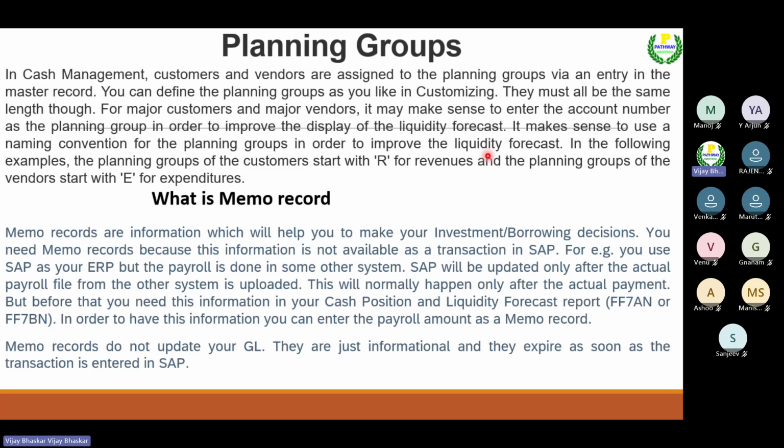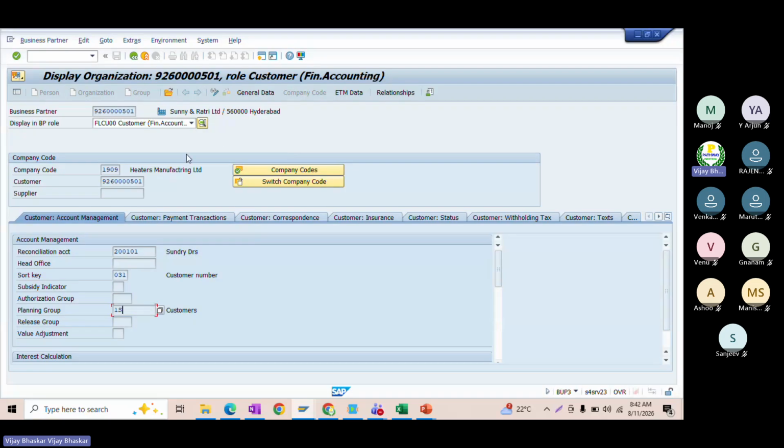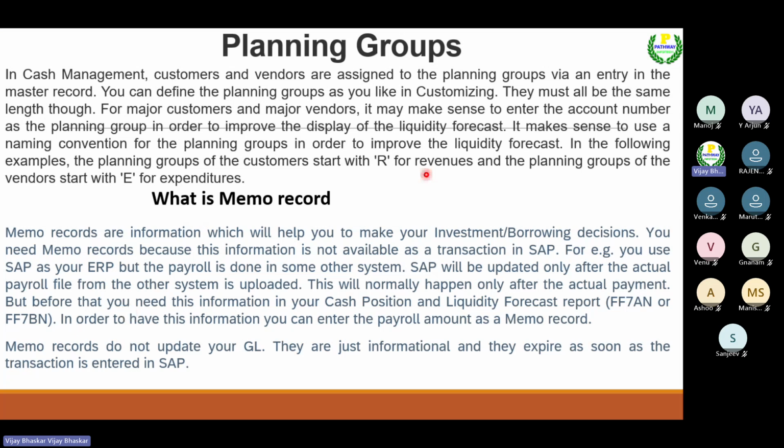So the naming convention SAP is suggesting here, in the following examples, the planning groups of the customers start with R. For customers, you can define the planning group with R. R represents revenues. That is what they are saying, starts with R, revenues. And the planning group of the vendors starts with E. E stands for expenditure.